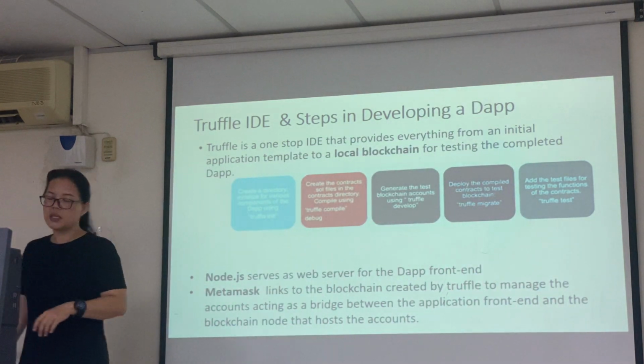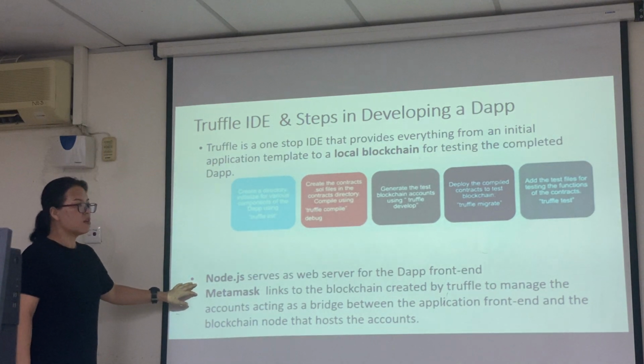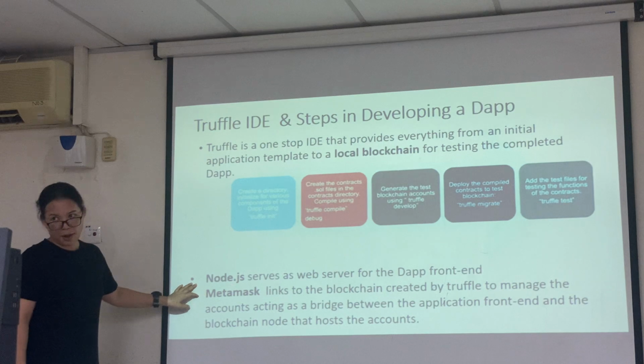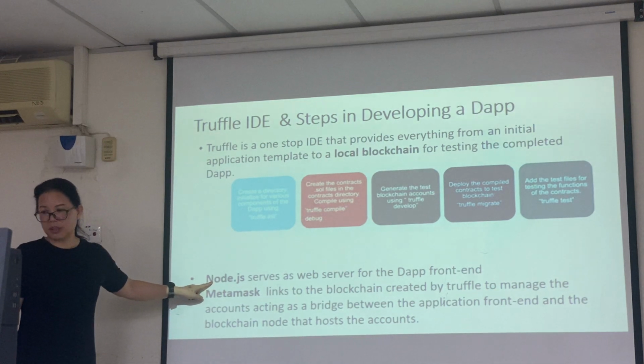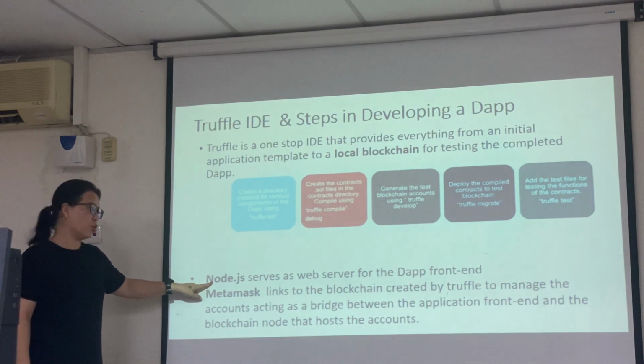So that's why here, Node.js serves as a web server for the DApp front end. You have used Node.js before, with the Express package. Last week you used the Express package for your Node.js.